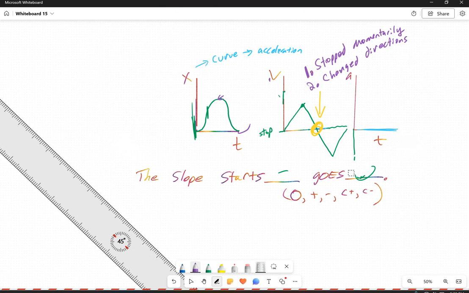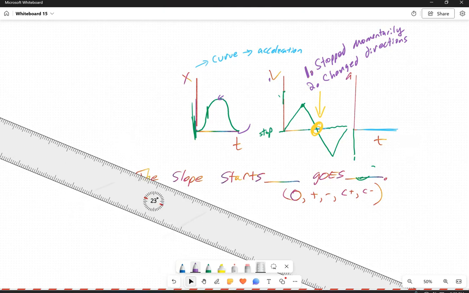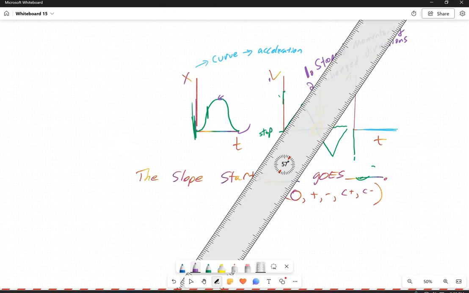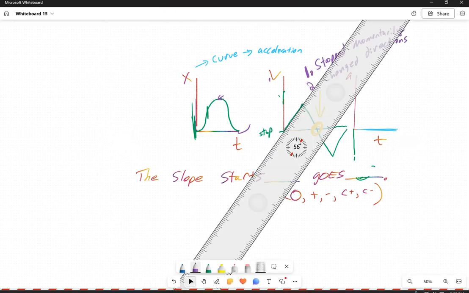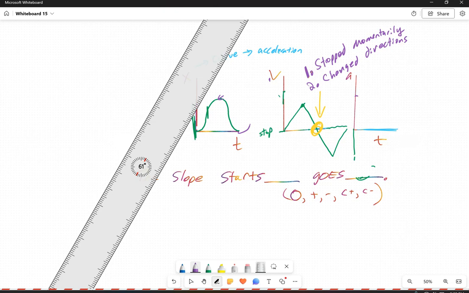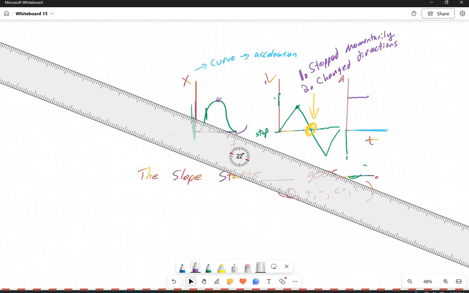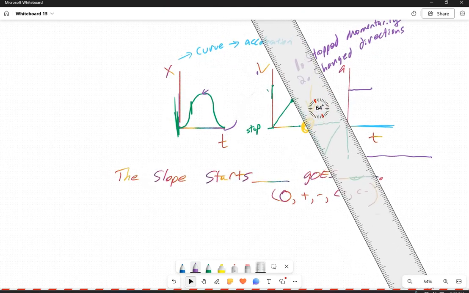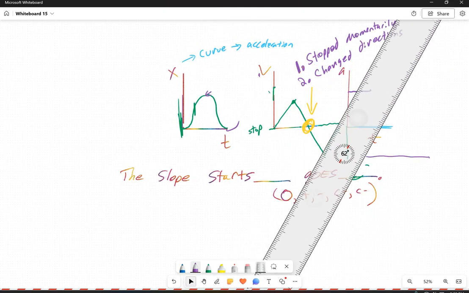What's our acceleration versus time graph going to look like? The slope of velocity versus time will give us our acceleration. So we start off constant positive, then constant negative for a longer amount of time, and then again constant positive.